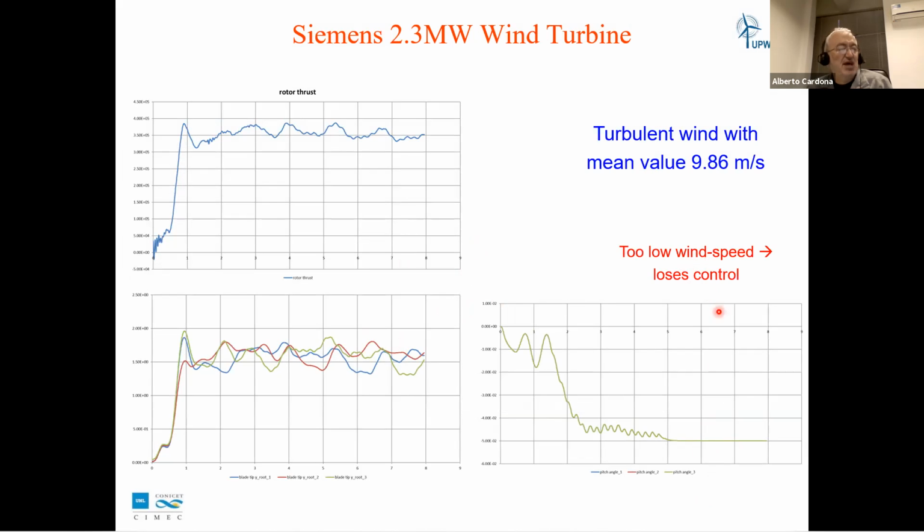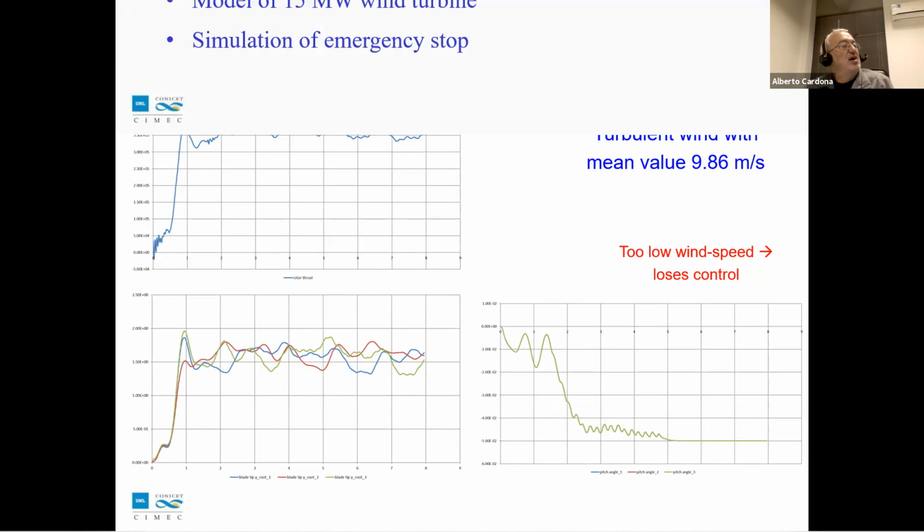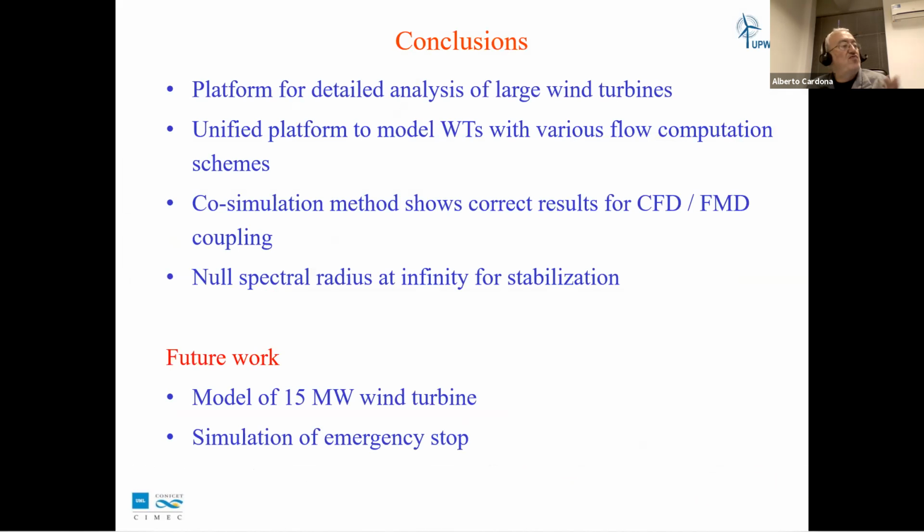We see here that the pitch arrived at a 5-degree limit, and then the system lost control. You see, these are the oscillations computed at the tip of the blades. And okay, that's all for this simulation.